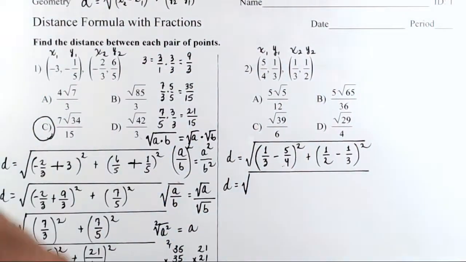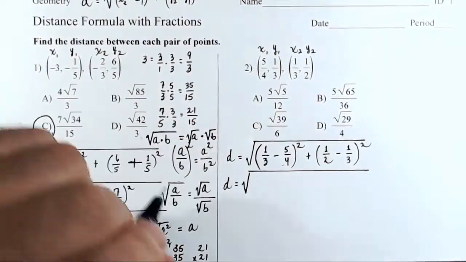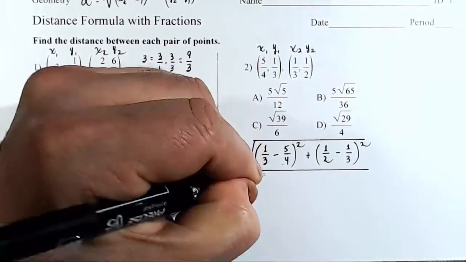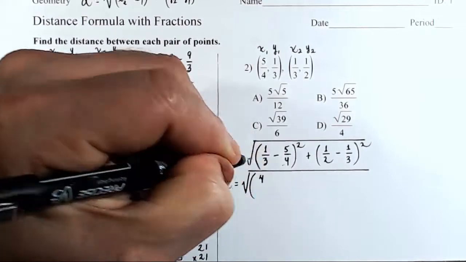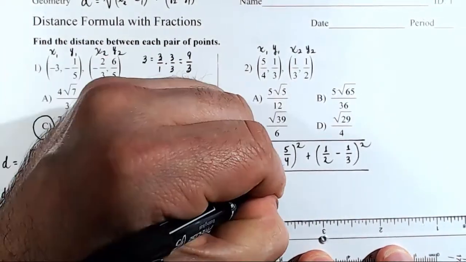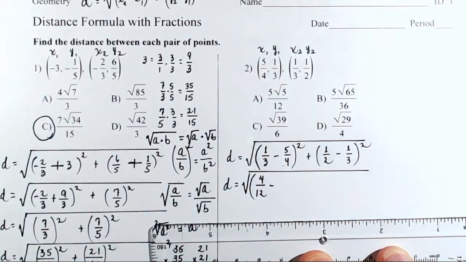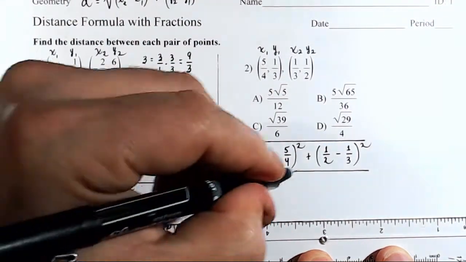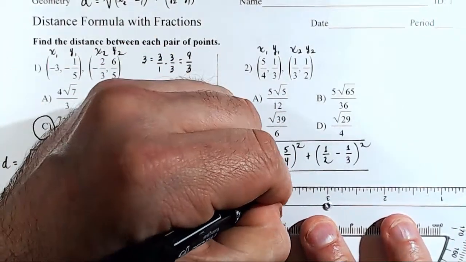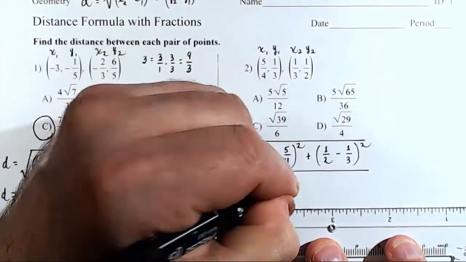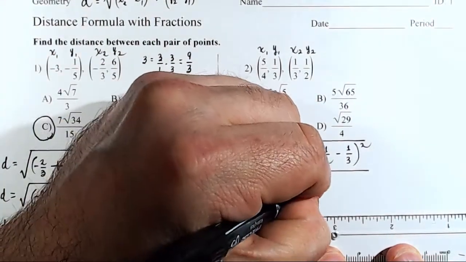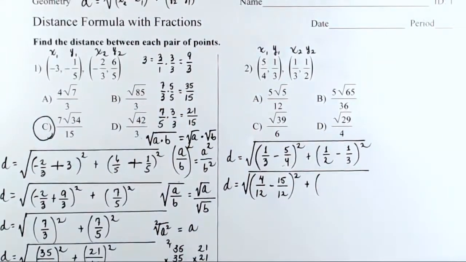So we're finding common denominators right now. So 1/3 times 4/4 would be 4, so open parentheses, and then it's 4/12 minus, then 5/4 times 3/3 would be 15/12 squared plus, open parentheses.